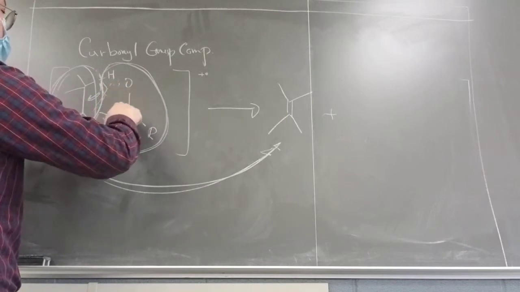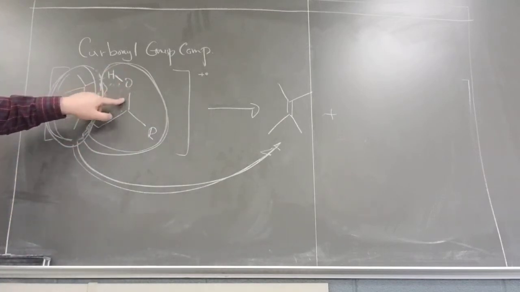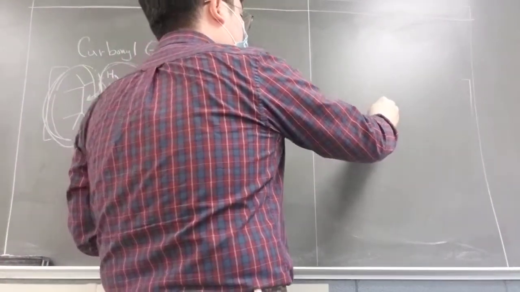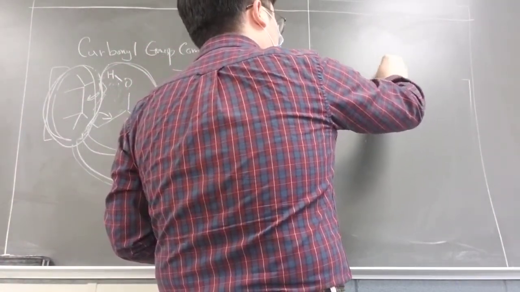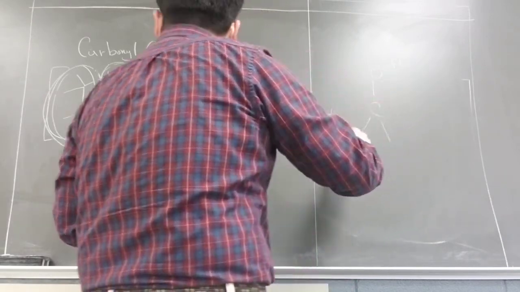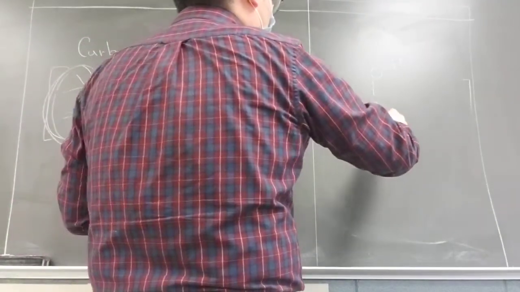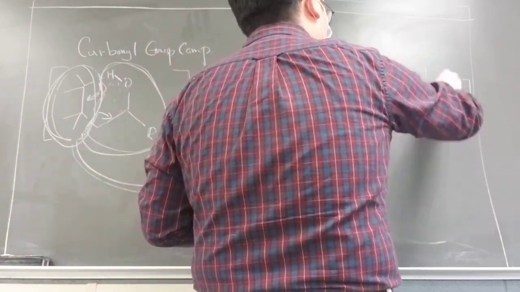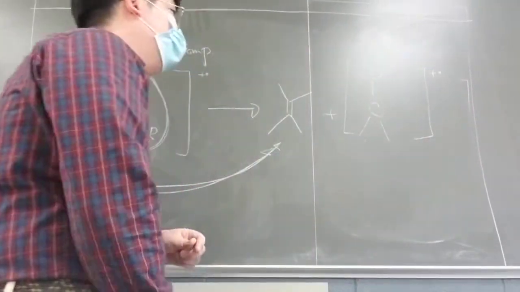Now there is this one. The double bond is gone; it's just over there. So you have this one over here. We can say this is a better way to put it.